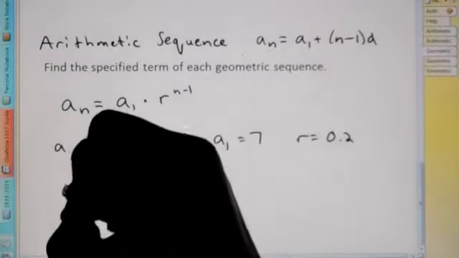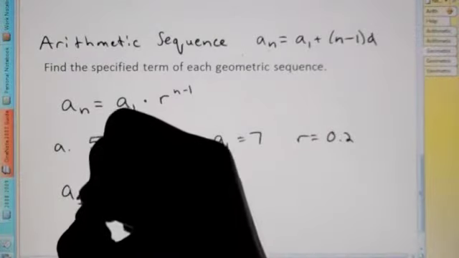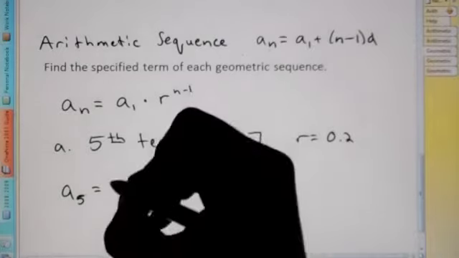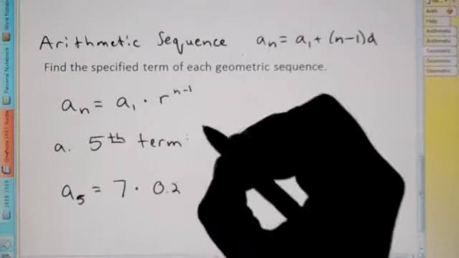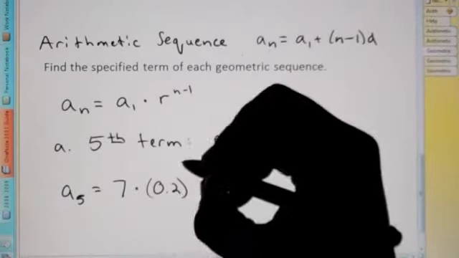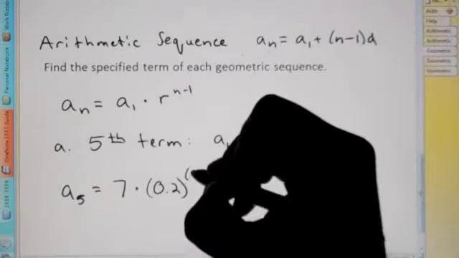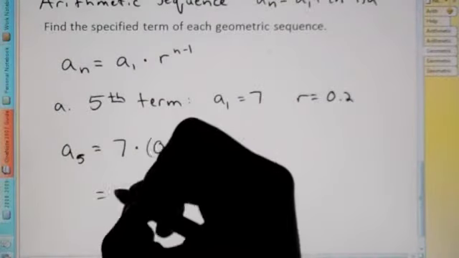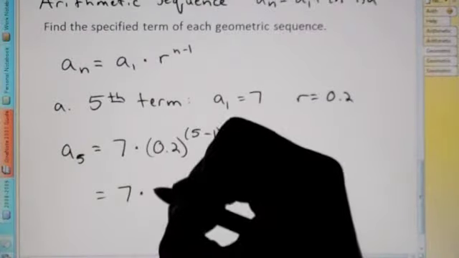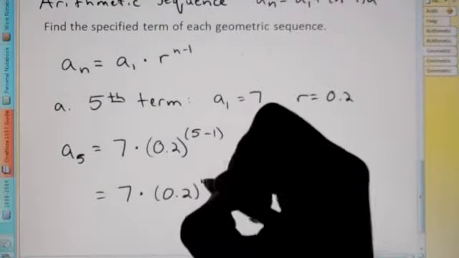So we're looking for a sub 5. Okay, here our first term is 7 times our ratio, which is 0.2, to the n minus 1. In this case, n is 5. So really what we're doing is 7 times 0.2 to the fourth power.